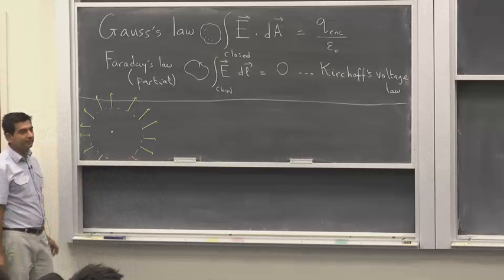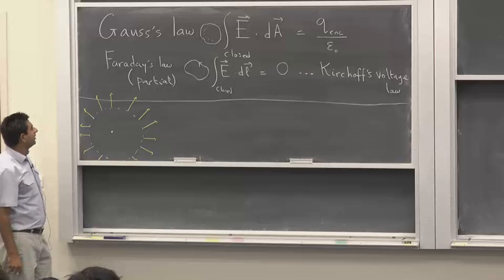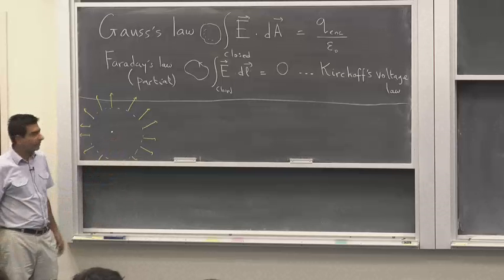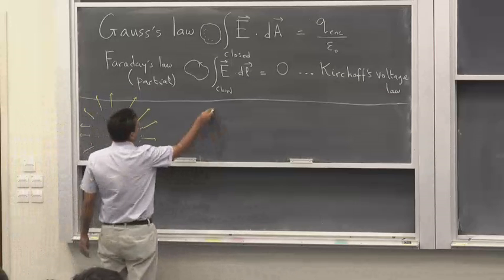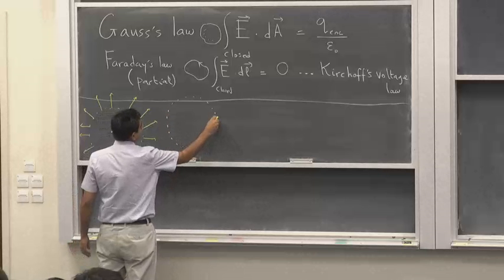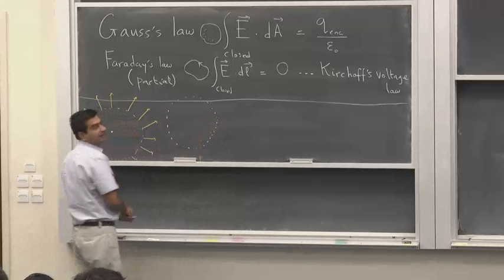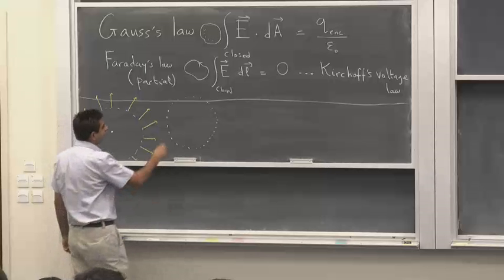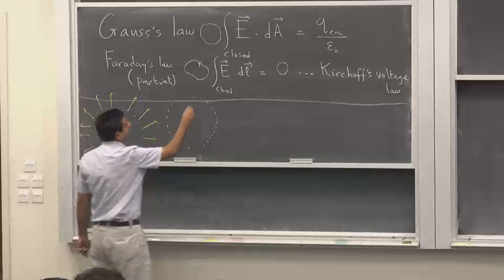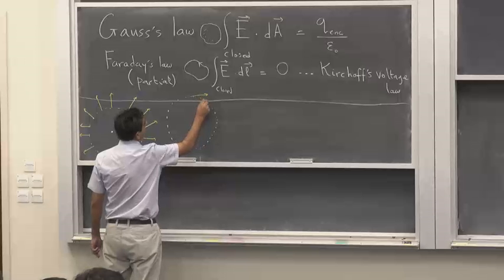This is fine, all is fine so far. But suppose we have some distribution of charges, and I draw a hypothetical sphere in space, and I propose that the electric field vectors on this hypothetical sphere are tangential to the sphere.